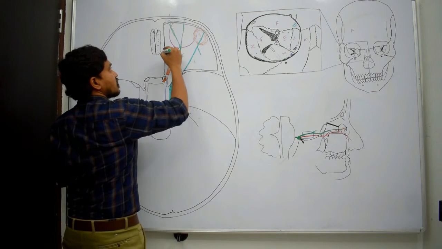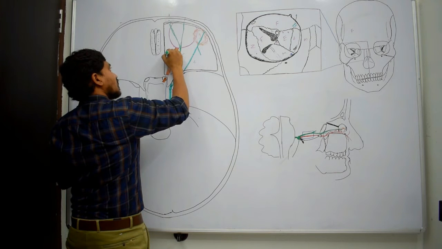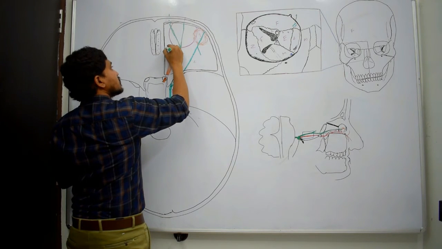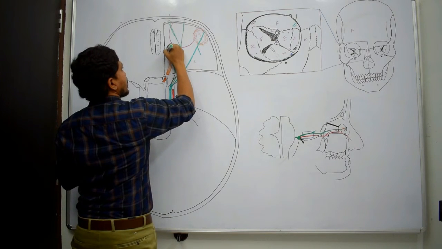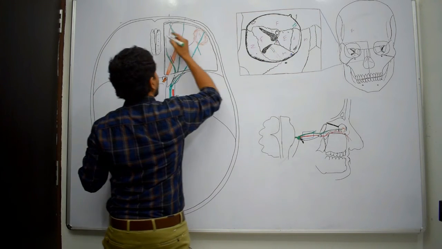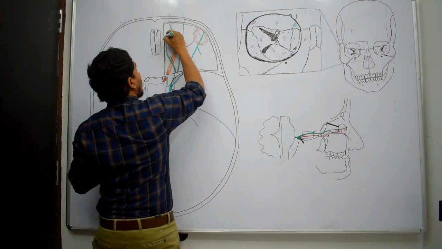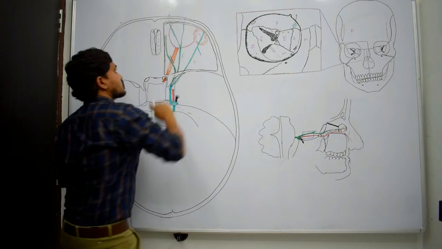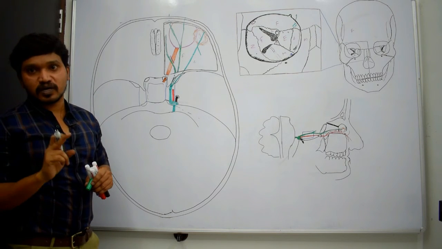This nasociliary nerve runs along with the ophthalmic artery along the medial wall of the orbit in between the superior oblique muscle and medial rectus muscle. Then when it reaches the anterior ethmoidal canal, see, this is the anterior ethmoidal canal, it will terminate after dividing into two branches. What are those branches? Anterior ethmoidal nerve and infratrochlear nerve.